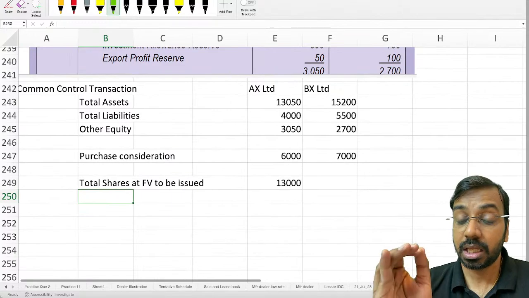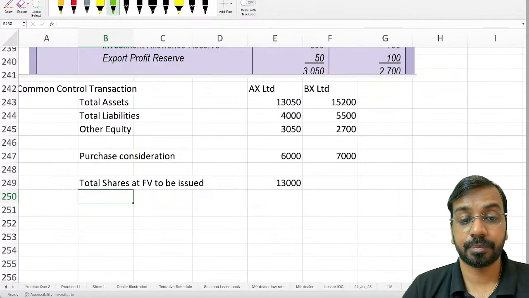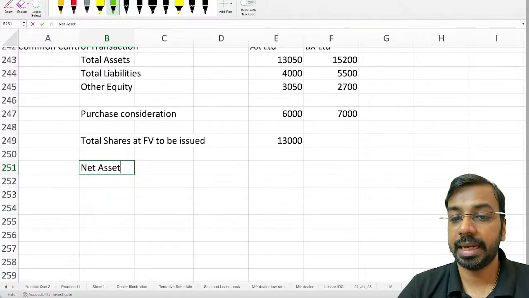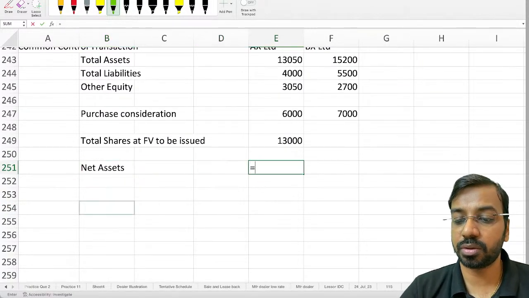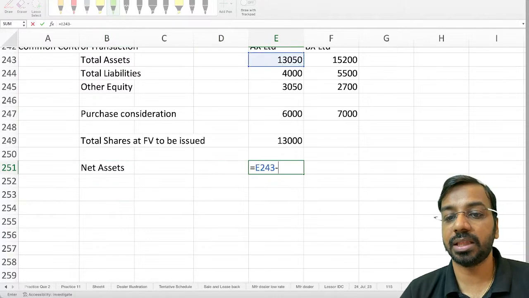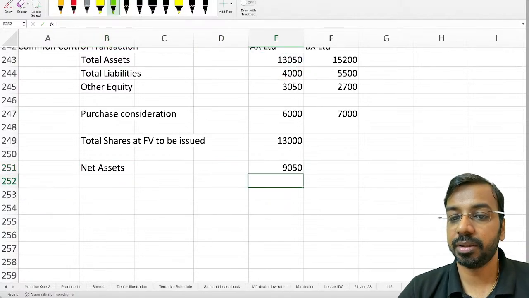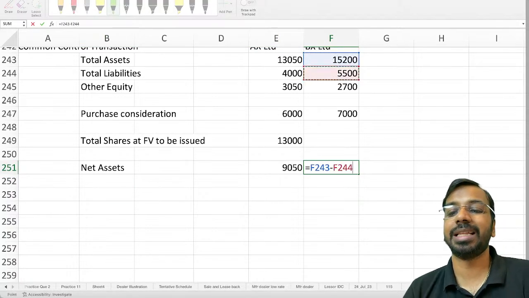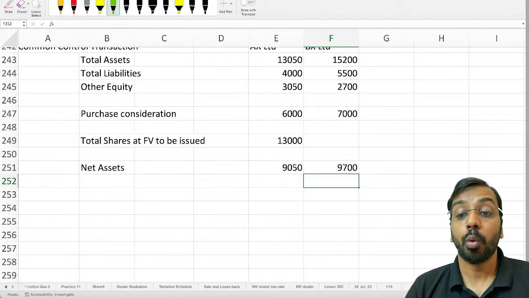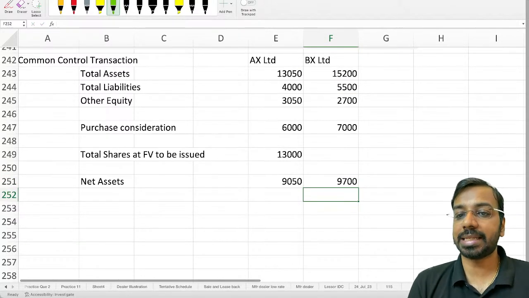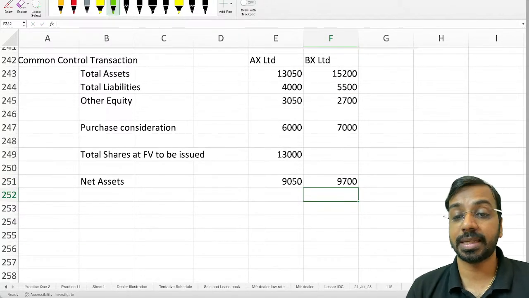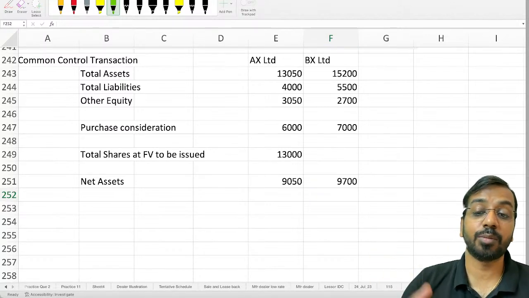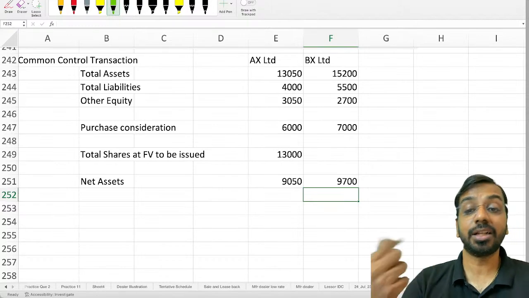Because if you look at the net assets of AX Limited, 13,050 minus liability 9,050, and here 15,200 minus 5,500, you get 9,700. Which has more net worth, or more net assets? BX Limited has more net assets. Right? So when BX Limited has more net assets, they will want higher shares.